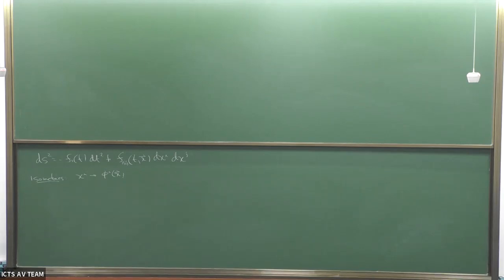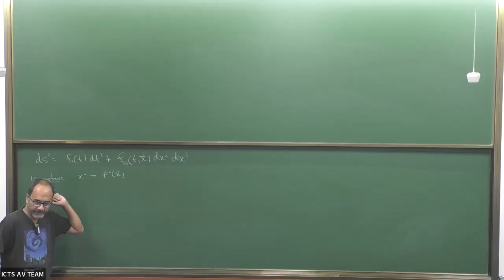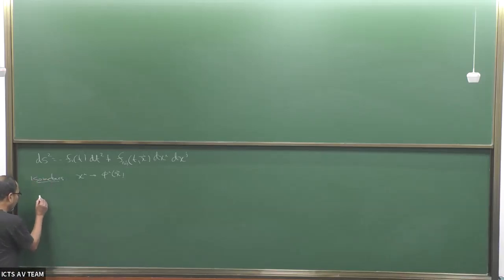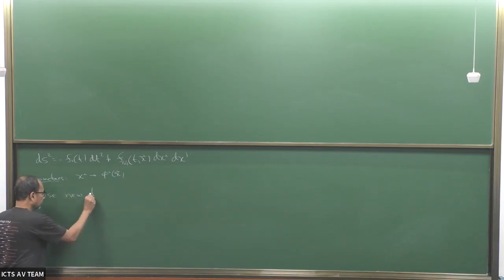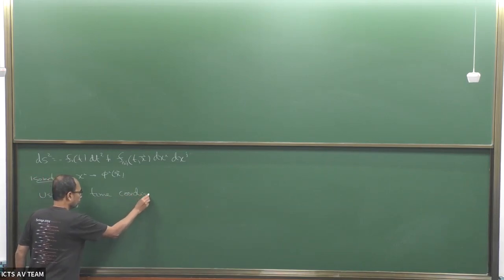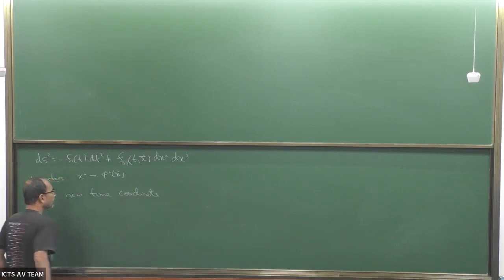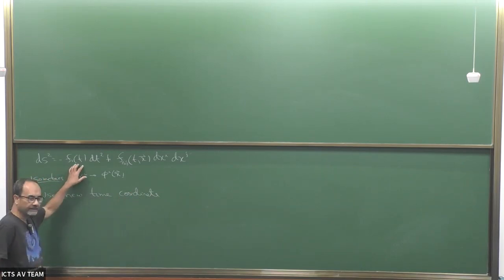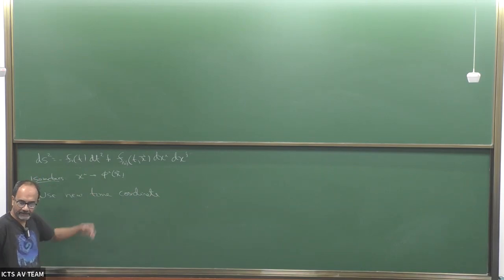So the first thing we can do is to get rid of this function f1(t), and that is done by using a new time coordinate. In this form it's clear that f1(t) has to be positive, otherwise the metric component will not have the Minkowski signature.